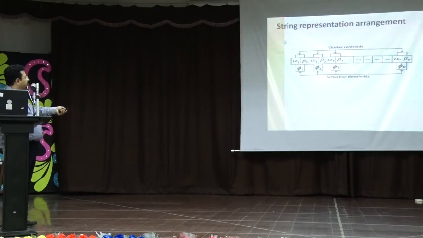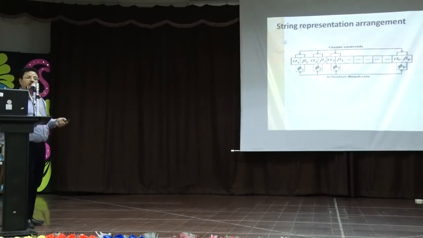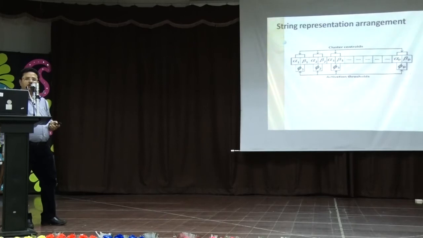So each and every one is a gene by itself. Phi 1 is the wave function, phi 2 is the wave function, phi 3 is the wave function. So these are qubits. Your representation string previously was in the form of zeros and ones, but here it is in the form of a collection of qubits, because you are switching to a quantum machine.